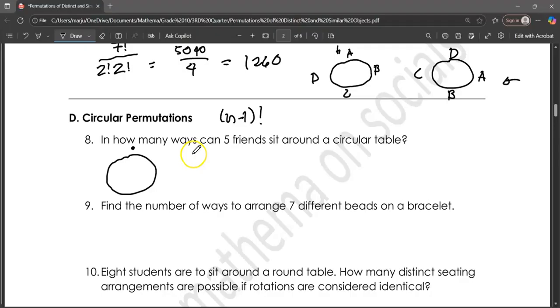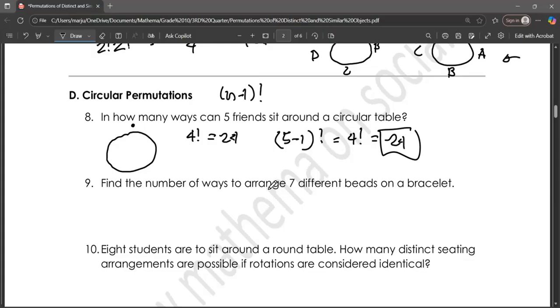That is just 4 factorial, which gives us 24. Going back to our formula, that is n minus 1, so this is 5 minus 1 factorial. That is 4 factorial, or 4 times 3, that's 12, times 2, that's 24 ways. So again, remember, when you do circular permutation, always set a reference or a fixed point.